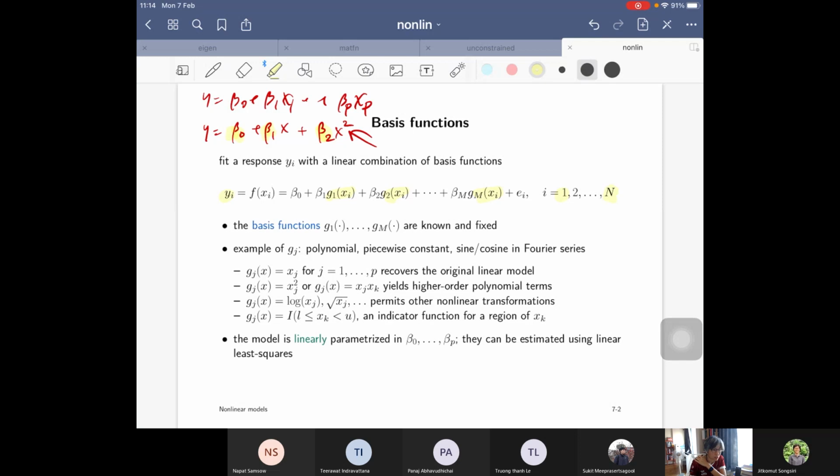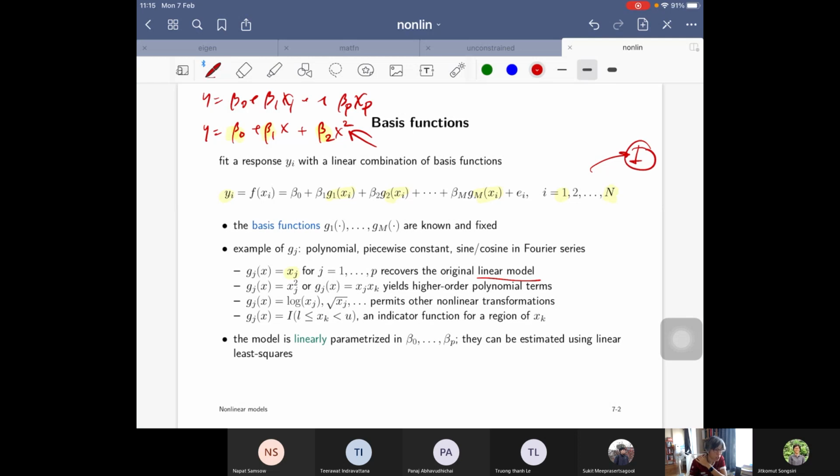The basis functions g_k are supposed to be given, known, with the expression provided by users. For example, of course, when each basis function g_j is just a linear function in the predictor, I'm going to call this model 1. Model 1 just falls back into the linear regression model.